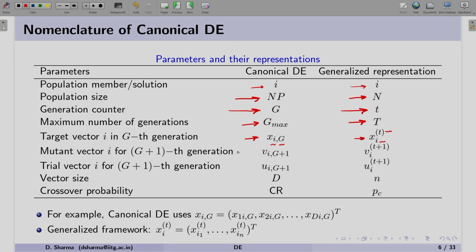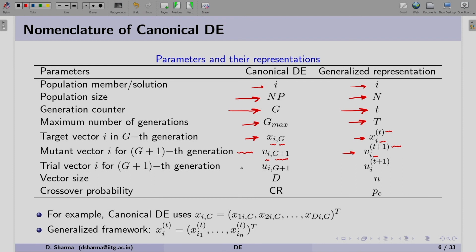And the mutant vector, so the mutant vector for t plus 1, again in the DE representation, in the subscript you can see I and G plus 1. However, in our representation, in the subscript we are writing the solution, and in the superscript it is written as the t plus 1th generation. So, V_i^(t+1) will become our mutant vector.